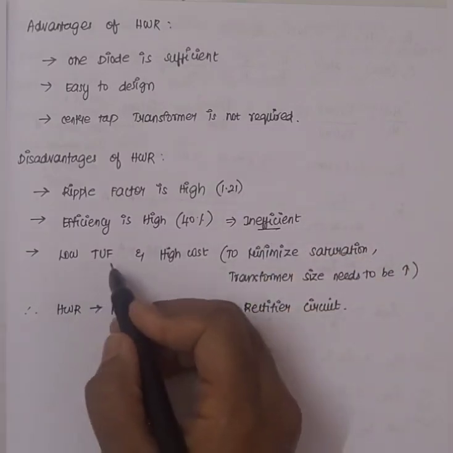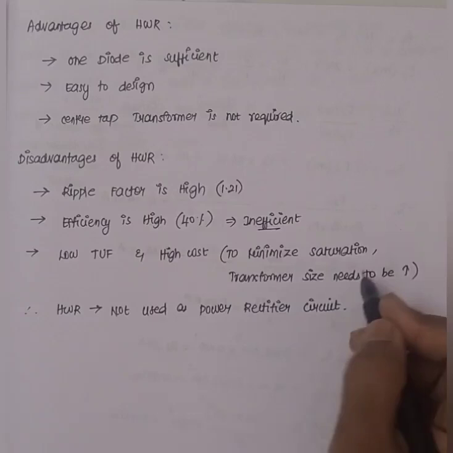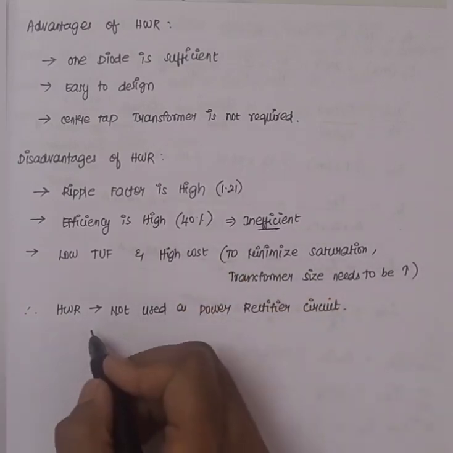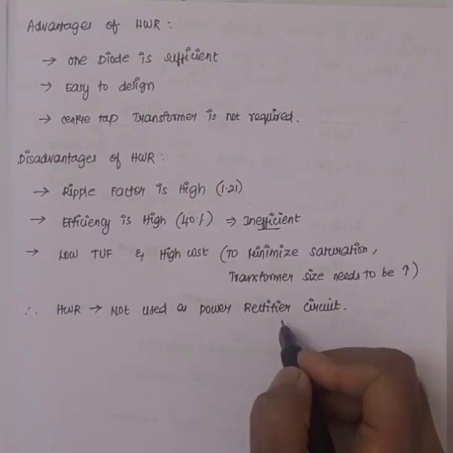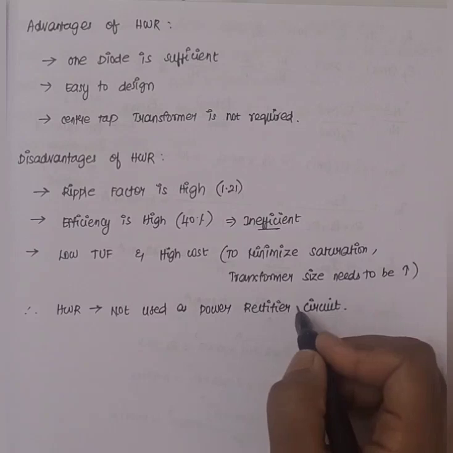We have a lower transformer utilization factor and high cost. To minimize saturation, the transformer size will be increased, because of which we will have a high initial cost. Therefore, this half-wave rectifier is not used as a power rectifier circuit. So these are the advantages, disadvantages and various parameters of the half-wave rectifier.